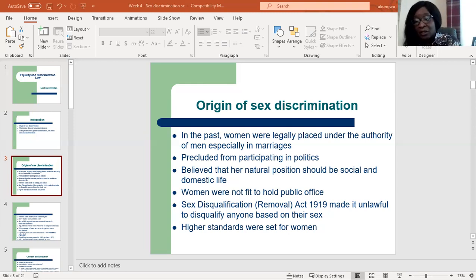For instance, medical schools set a higher standard for female applicants than for male applicants. So women were not given a fair chance to enter medical schools. And instead of giving them the same standard so that they could gain admission, the government went abroad to recruit doctors from overseas.